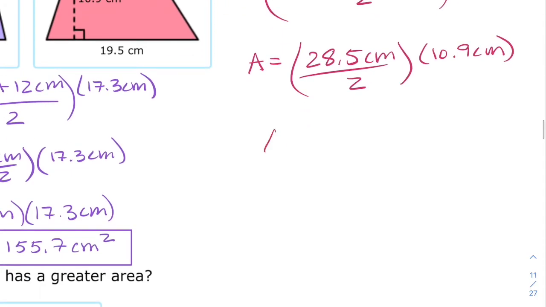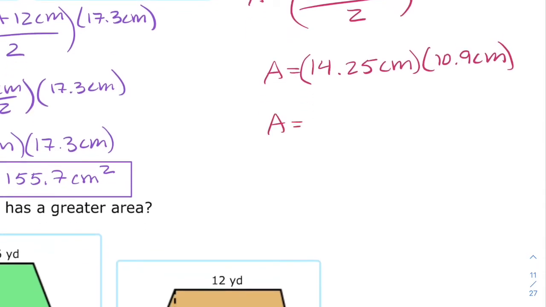So divided by 2, we get 14.25 centimeters times 10.9 centimeters. So I'm going to multiply this by 10.9, and I get 155.325 centimeters squared. Wow, those are close.